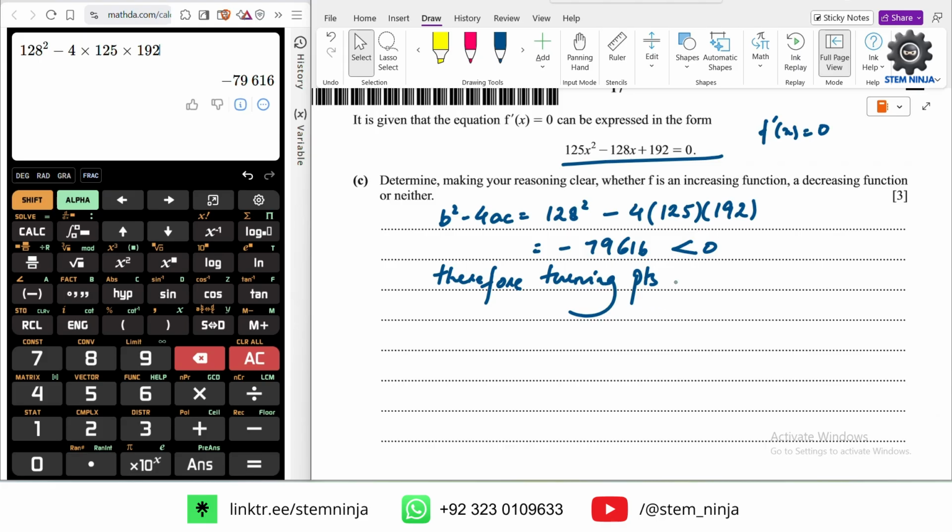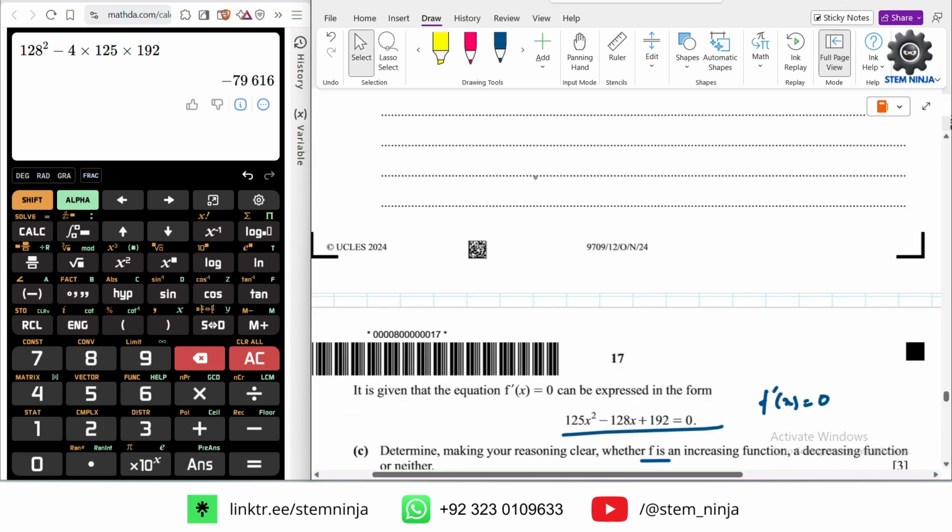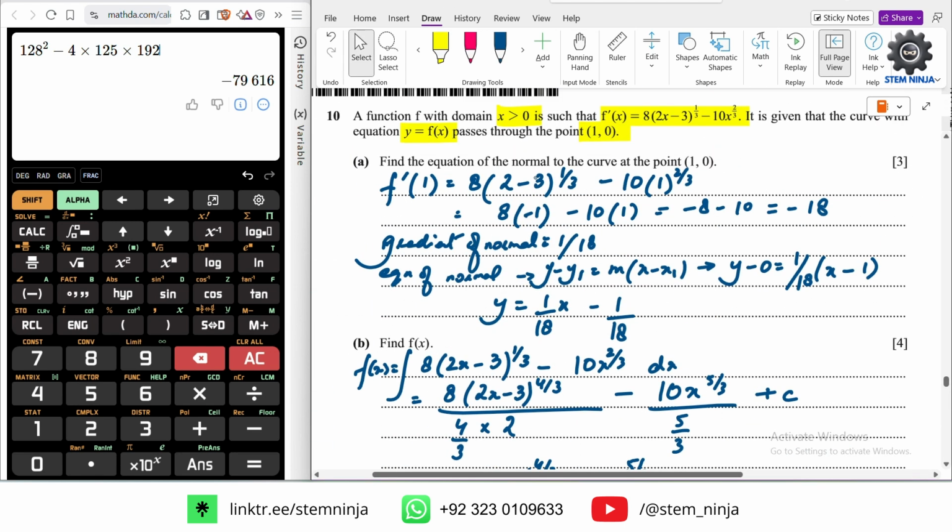However, this is not for the original function, this is for f prime of x. Okay, we need to give the reasoning for f. So there are no turning points for f prime of x, so we don't know directly.